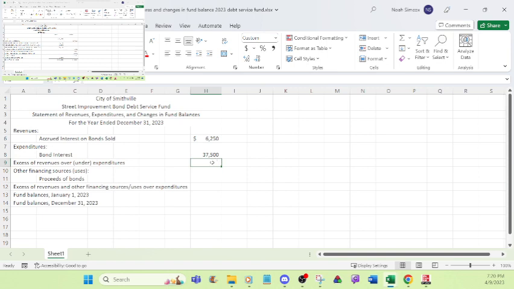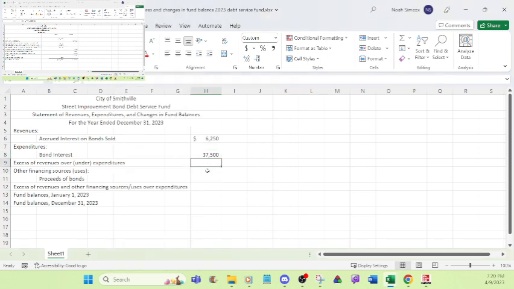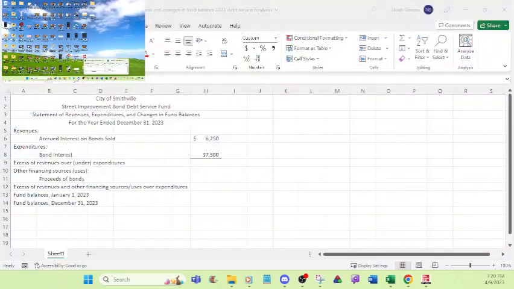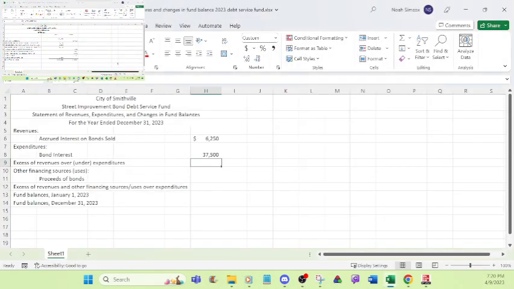So the excess of revenues over expenditures equals revenue minus total expenditures. Wait, which one of these do I not have? Oh, I need both of them open.